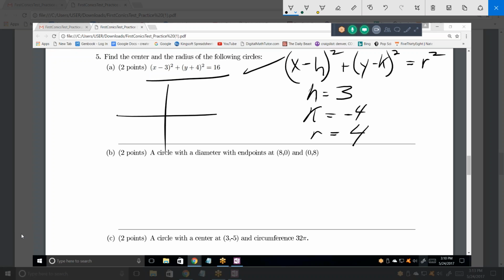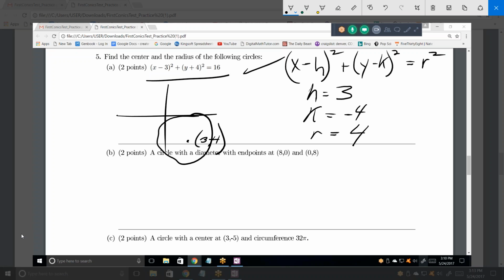The center of the circle is at (3, negative 4) and the radius of the circle is 4. So it must look like that. In other words, when you're dealing with circles, there are only two things that are important. Nothing else matters.